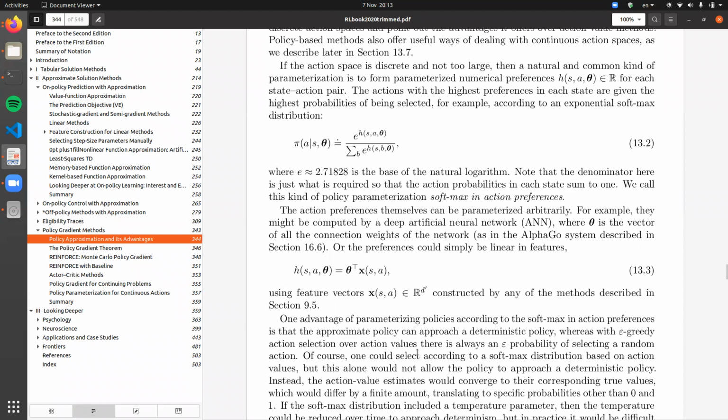Okay, so about this preference, it can be any kind of function. It can be a linear function, as shown in equation 13.3, but it can also be an artificial neural network, so that can be an arbitrarily complex function, and by applying the softmax at the output, we get this probability distribution.